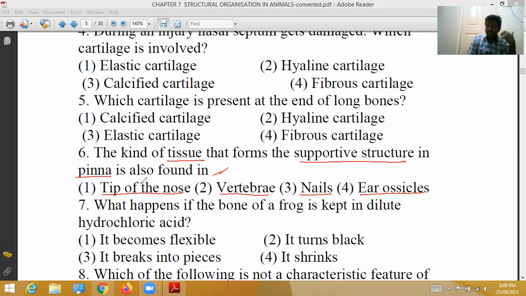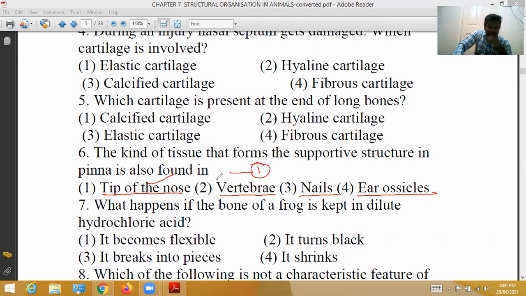Whatever the supportive structure is, it is also found in the tip of the nose. We cannot find it in vertebrae, nails, or ear ossicles. So for the sixth question, the correct option is the tip of the nose.